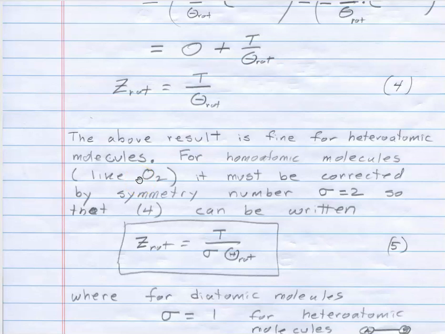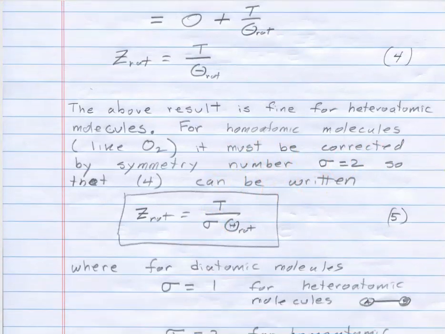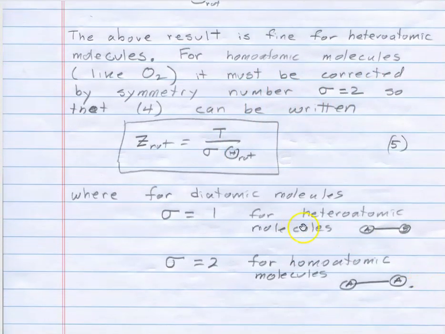If we have enough time, I will go into it. But for us, one introduces simply what's called a symmetry number in here, and the symmetry number accounts for overcounting the number of states in highly symmetric molecules, basically.